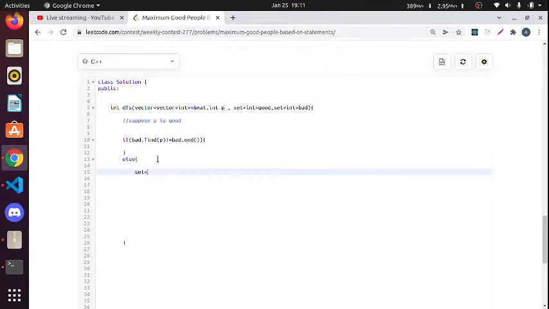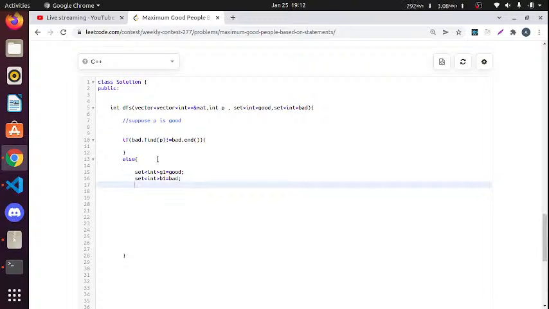Let's make another set, good equal to good, comma bad equal to bad, right?